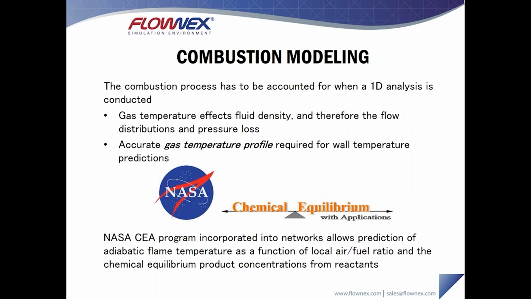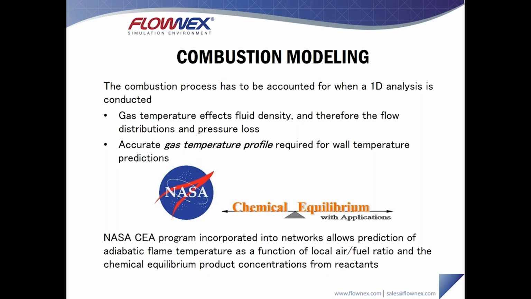With regards to combustion modeling, you can imagine that the combustion process is pretty important and has to be accounted for because gas temperatures affect fluid density and therefore flow distribution and pressure loss results as well. And then also you need to have an accurate gas temperature profile within your combustor to predict wall temperatures.